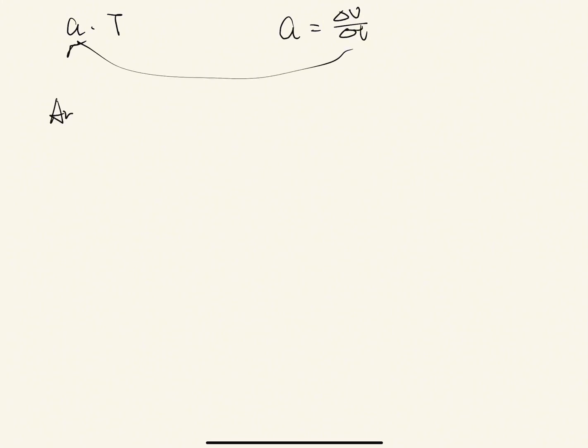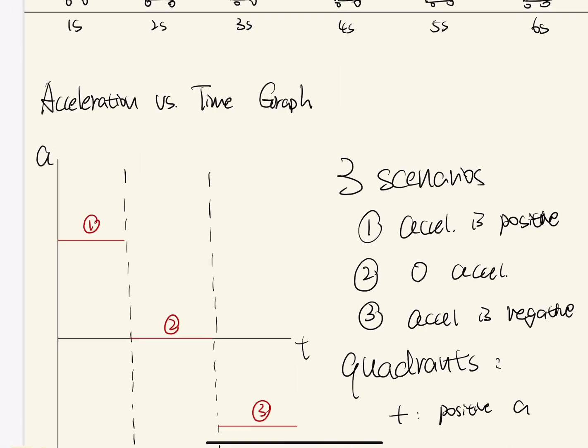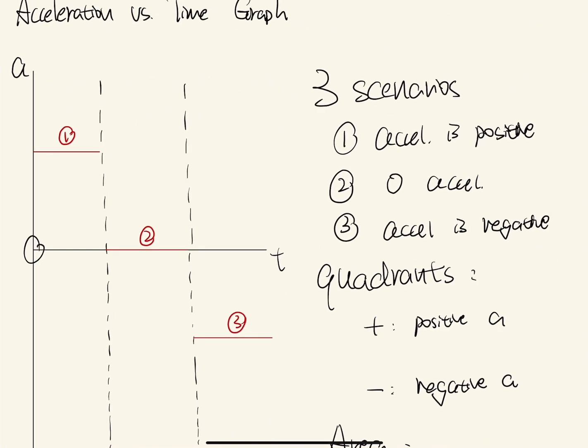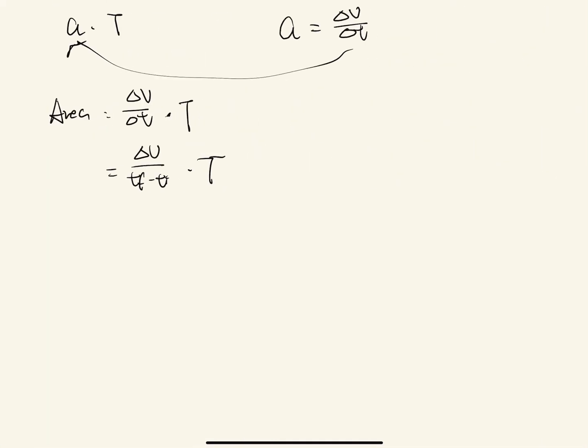So the area will equal changing v over changing t times t, equals changing v over t final minus t initial times t. We know that t initial would just be 0. So basically we can just ignore this part and just treat it as a time interval instead. So these two would cancel out, and we can see the area under the AT graph would just be changing velocity.